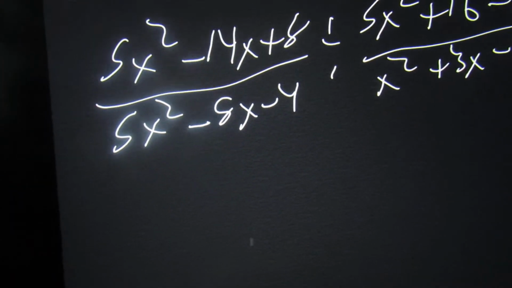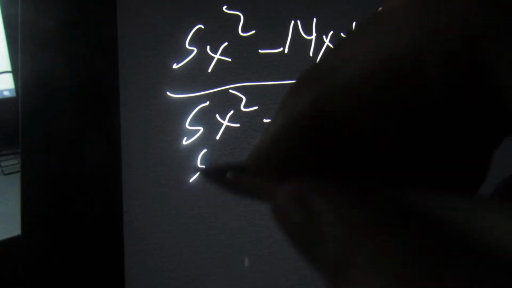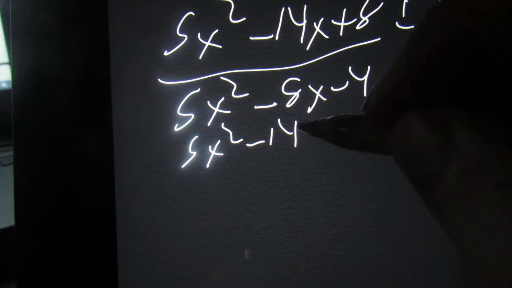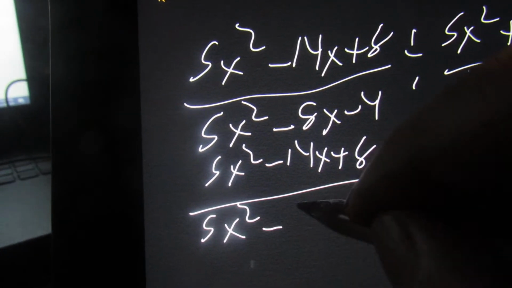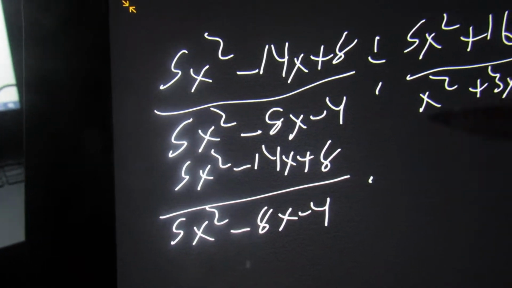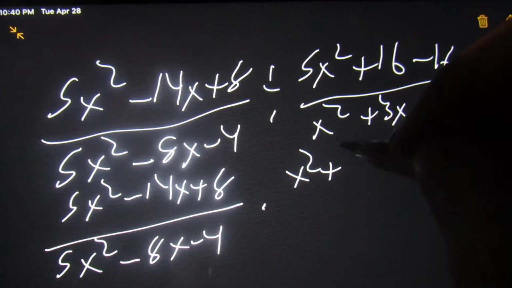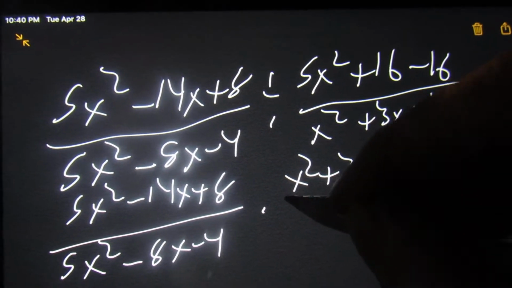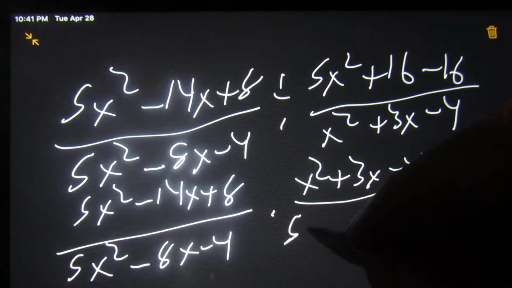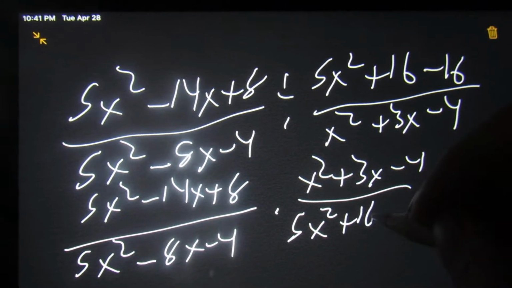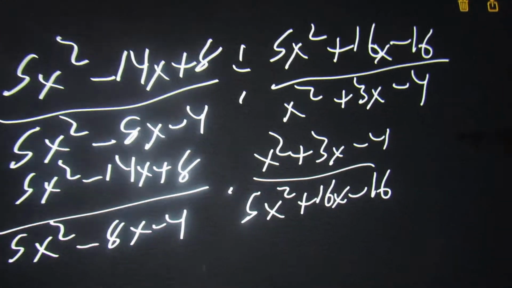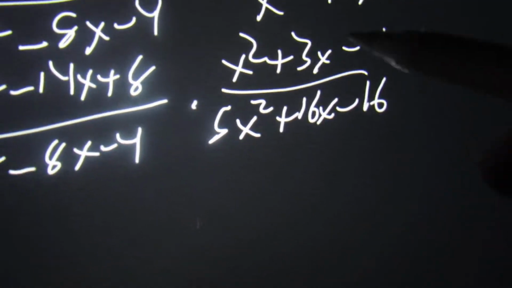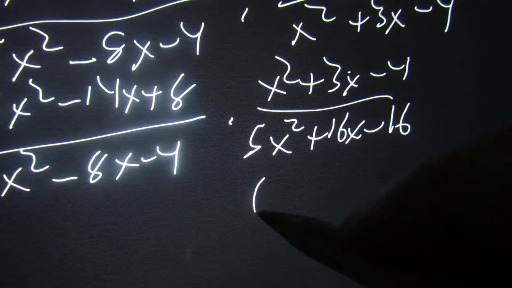Okay, so the first thing I'm going to do is flip the second one. So we have (5x squared minus 14x plus 8) over (5x squared minus 8x minus 4) times (x squared plus 3x minus 4) over (5x squared plus 16x minus 16). Okay, so I'm going to factor this one first because it's the easiest.